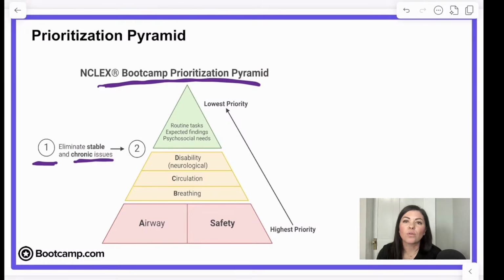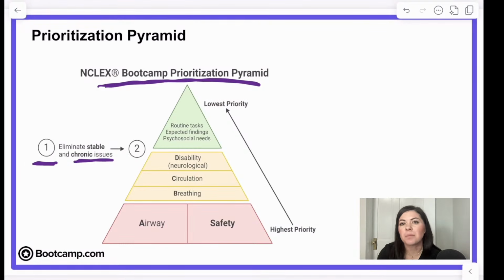Another thing that we can typically eliminate right at the beginning is chronic issues. An example of a chronic issue would be a client with advanced COPD. Can someone tell me, what do we expect the normal pulse oximetry range to be for a client with advanced COPD? What do you guys think? Do we expect it to be normal, above 94%, like it is in most clients? Probably not. It's typically going to be about 88 to 92%.